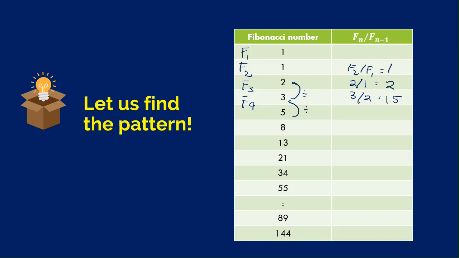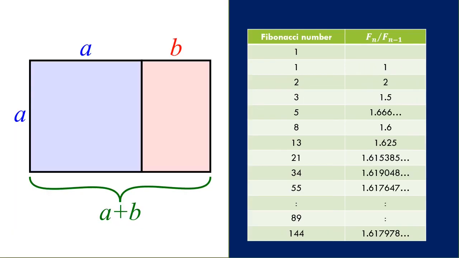Okay, so let us see what the results are. What can you observe about these numbers here? They approach a certain number, and that number is our golden ratio. Now what is this figure saying?